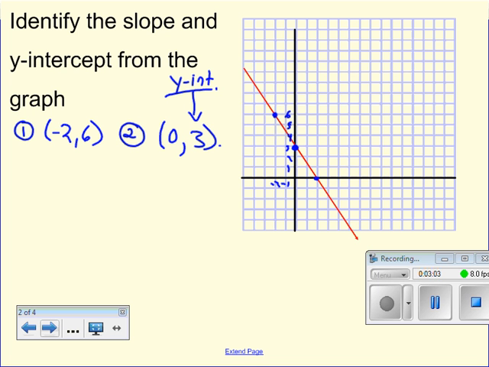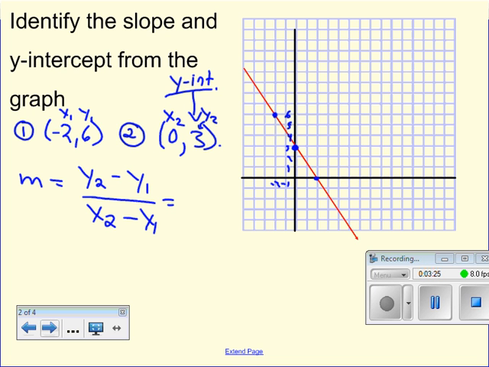Since I have 2 points, I can find my slope via this equation, y2 minus y1 over x2 minus x1. So this is my x1, y1, x2, and this is y2, this guy right here, my y-intercept.